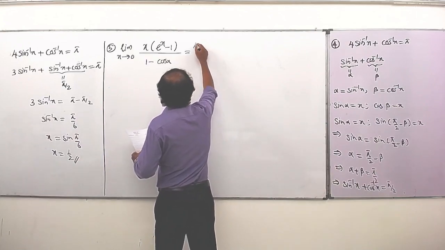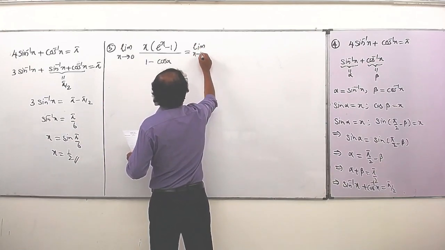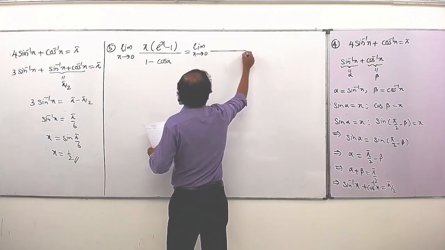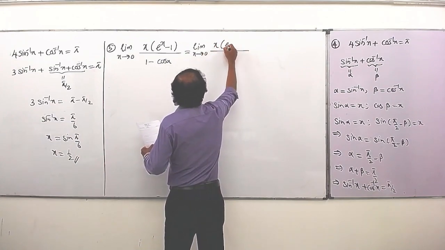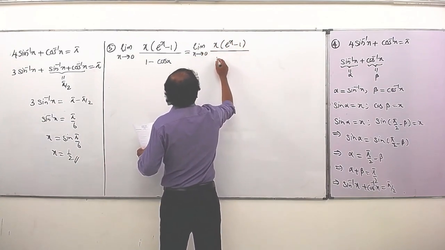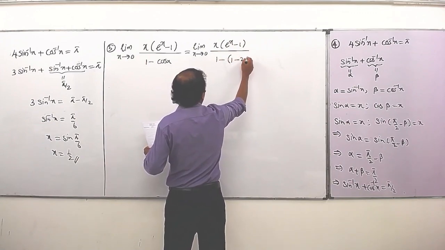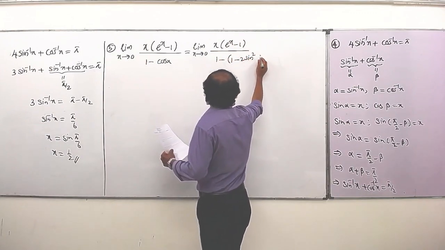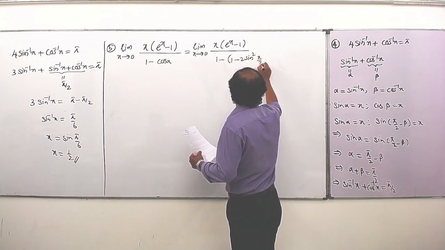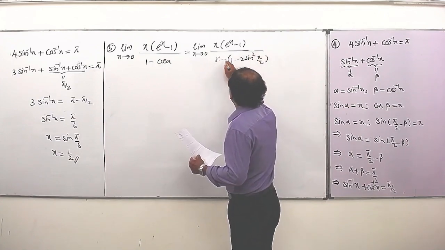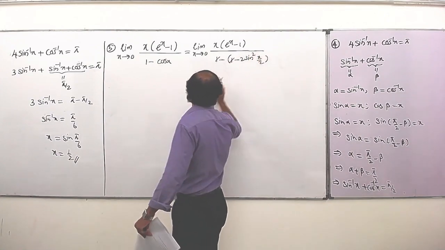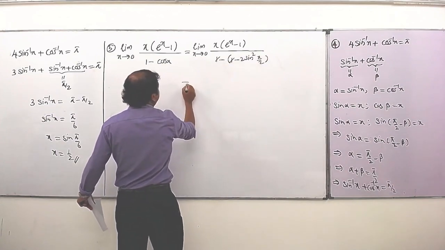Right, we can write this way. This 1 minus cos x we can write as 2 sine squared x by 2. This 2 you can cancel down. Here we get 2. You can take that before as half.